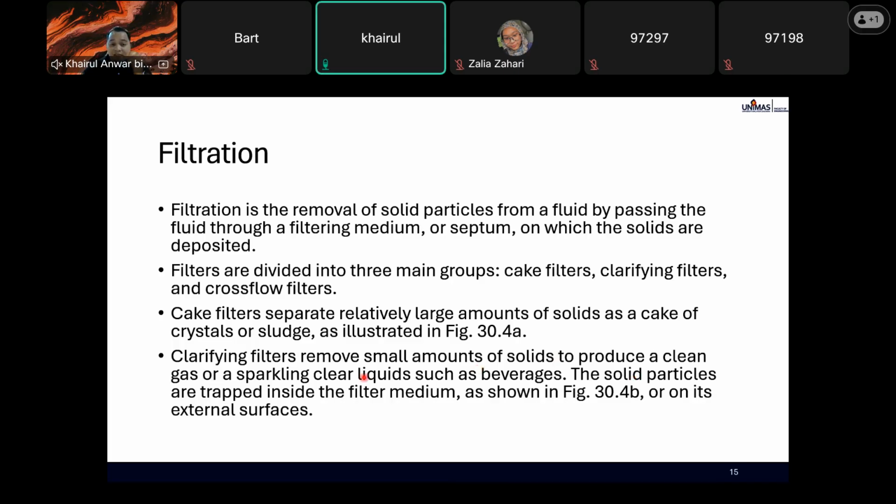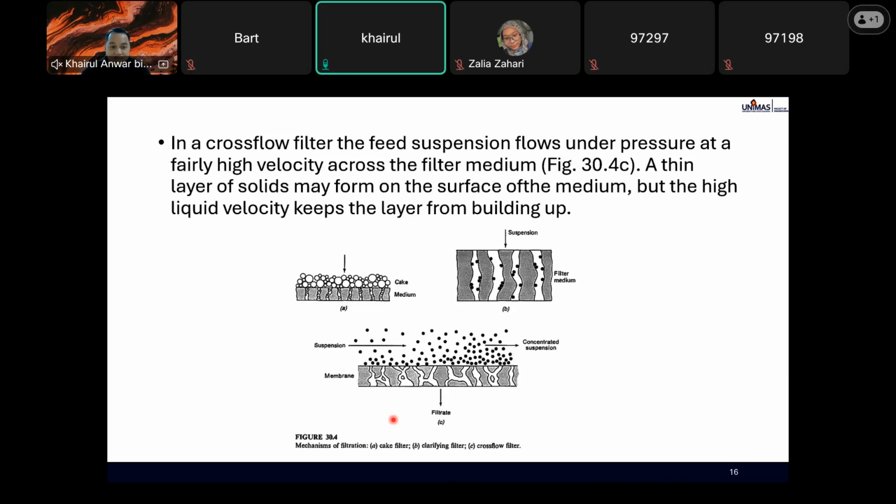Then we have a clarifying filter with a small amount of solid, to produce a clean, sparkling, clear liquid such as beverages. The solid particles are trapped inside the filter. But you can refer to the books for more.